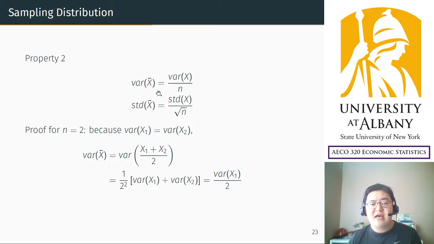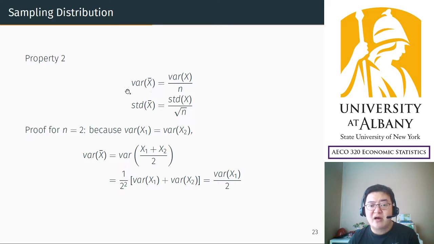Property two says the variance and the standard deviation depend on the sample size n. In particular, the variance of the average is the original variance, the variance of a single outcome, divided by the sample size.